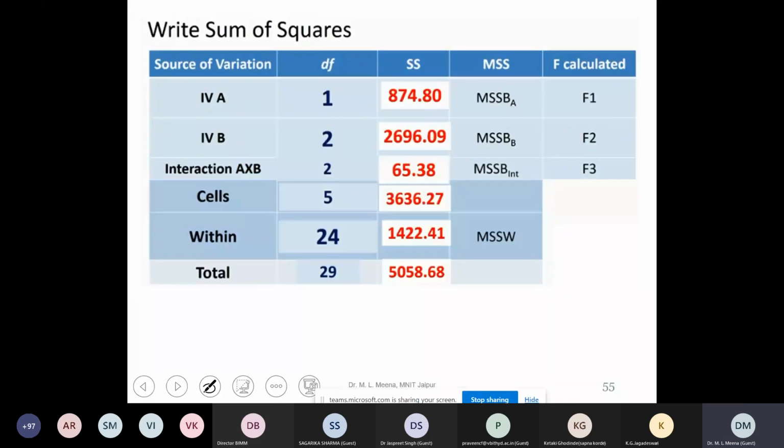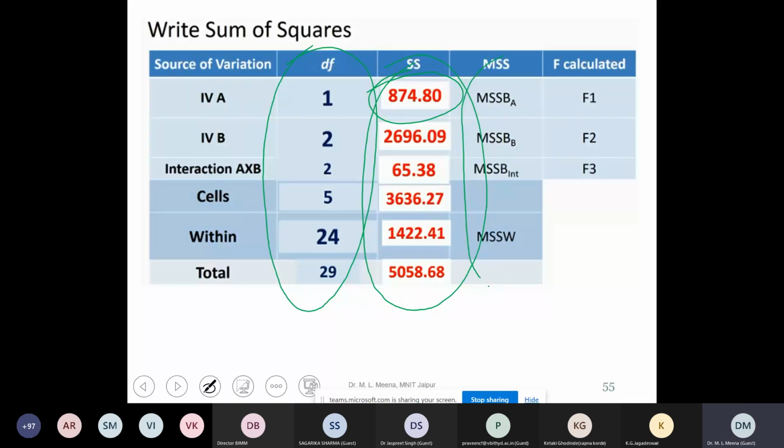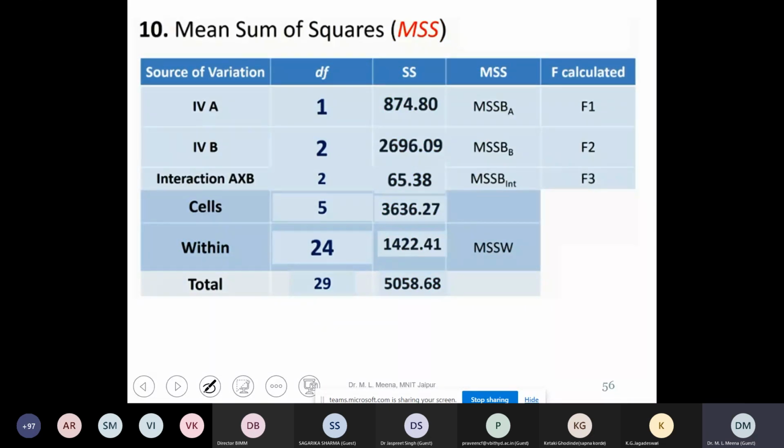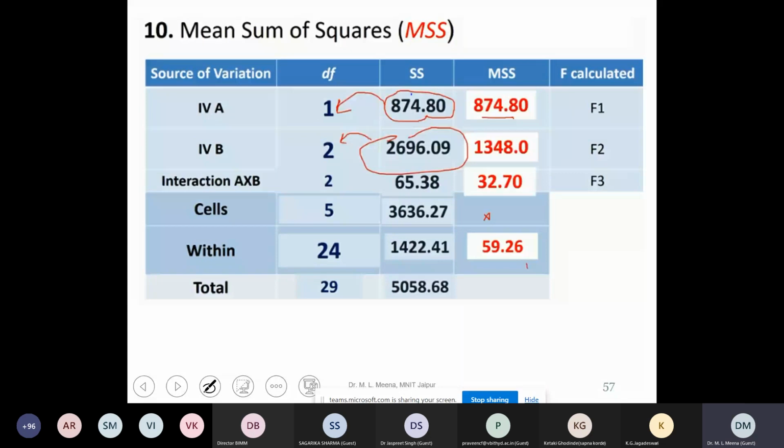We already found the different sums of squares, so we have these values. Now find the mean sum of square. We know that mean sum of square is equal to this divided by this. So the result is this, this divided by this, this divided by this.